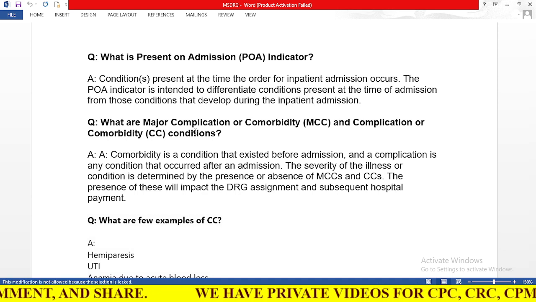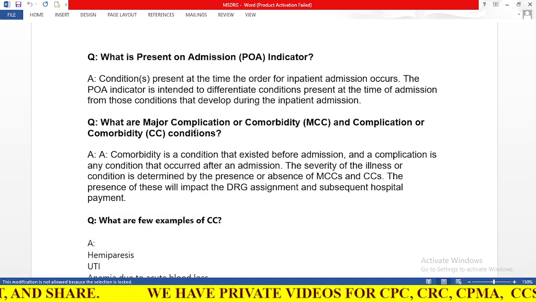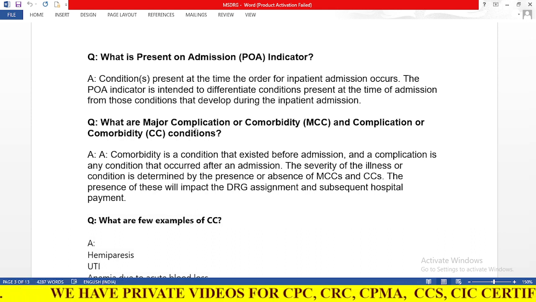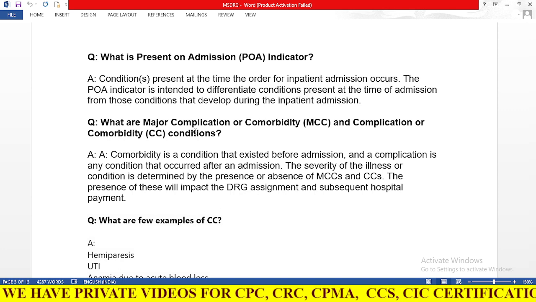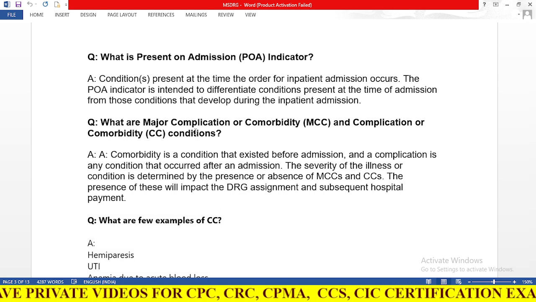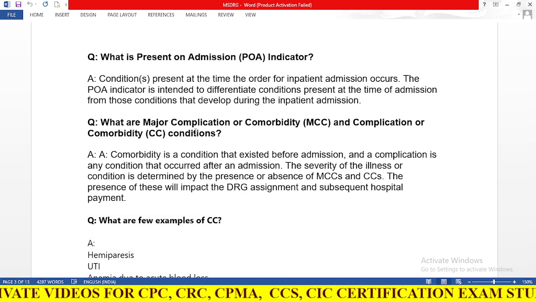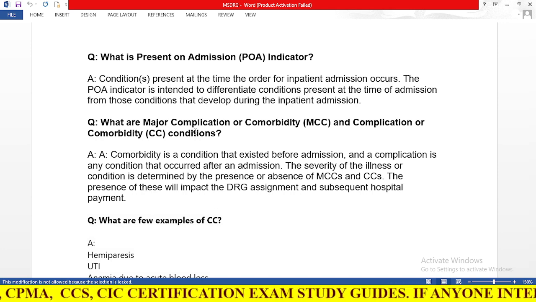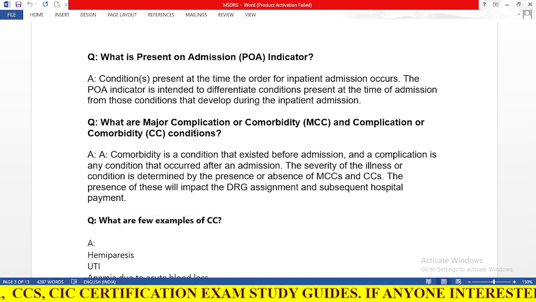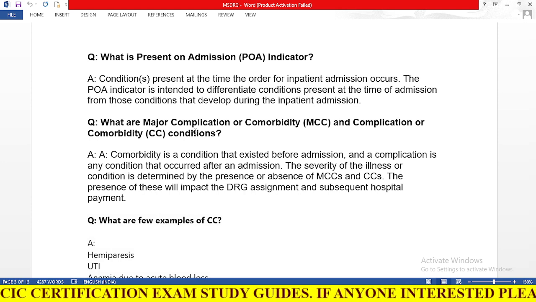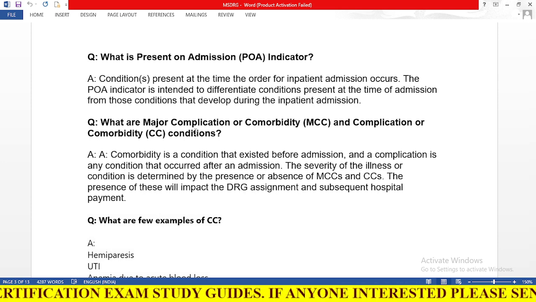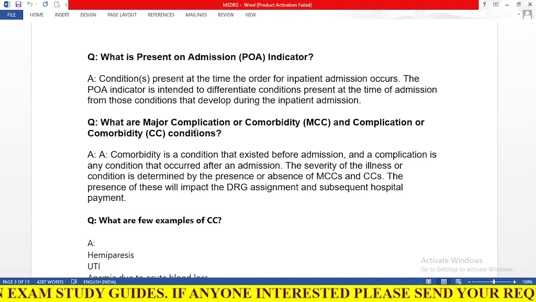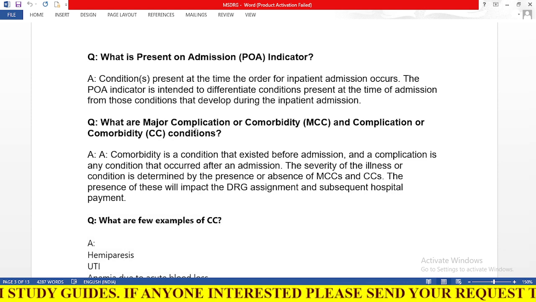The presence of these will impact the DRG assignment and subsequent hospital payment. Medicare has identified certain diagnoses that consume additional resources for hospitalized patients and therefore increase the reimbursement rate based on the associated relative weight when assigned as a secondary diagnosis.